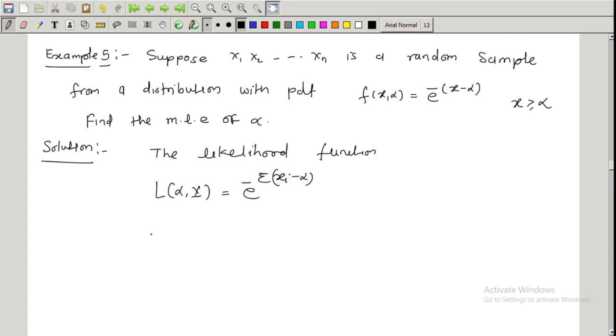Then log of L of alpha comma x bar is equal to minus summation of xi minus alpha.